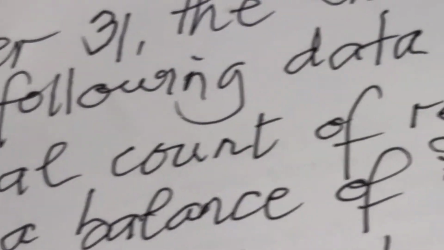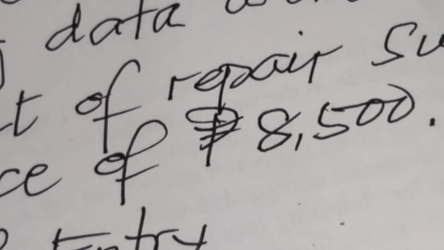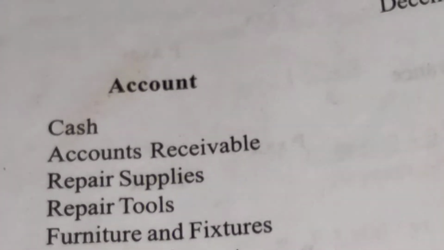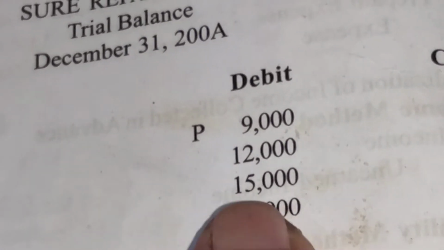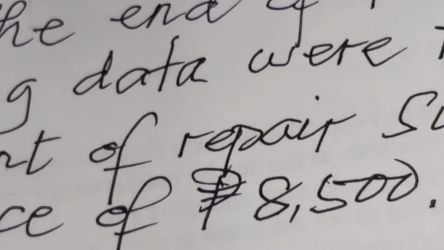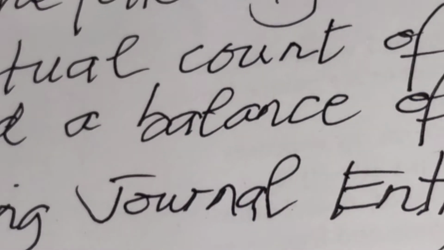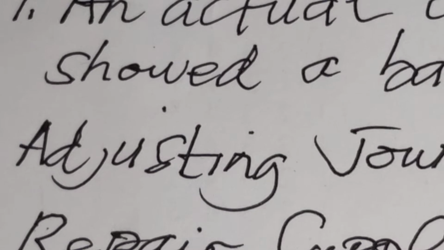An actual count of repair supplies showed a balance of 8,500, so you make an adjusting entry. In your trial balance, the repair supplies are 15,000, but at the end of the accounting period, it is only 8,500. So in other words, you have to adjust.